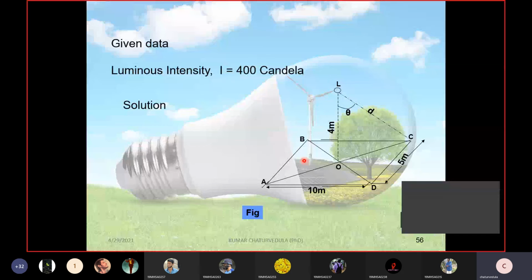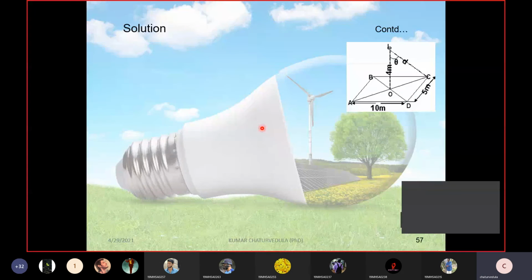Here, the distance between the source and the point C is going to be D. I am keeping the same diagram for you so that you can easily draw in between if you want.